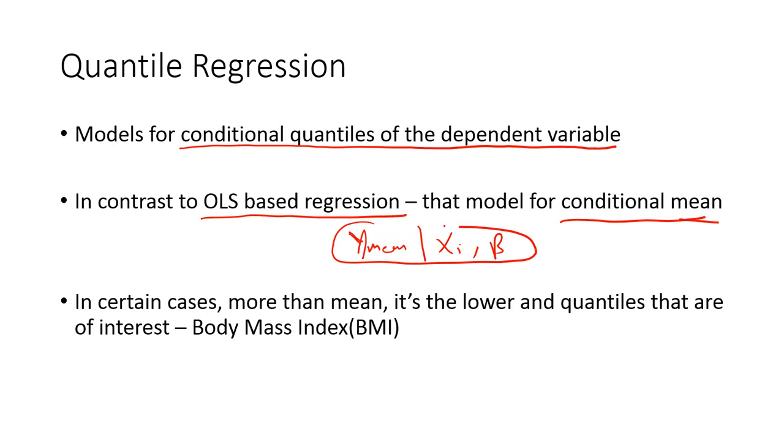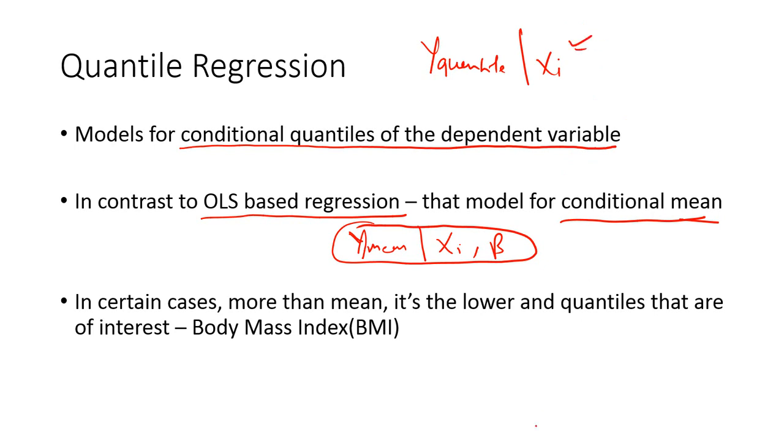In the case of quantile regression, we just replace that with the median, or with quantiles: the y quantile given the x_i values, or the predictors or covariates.